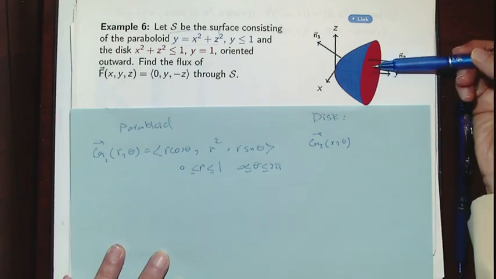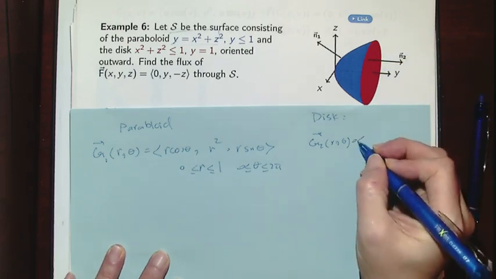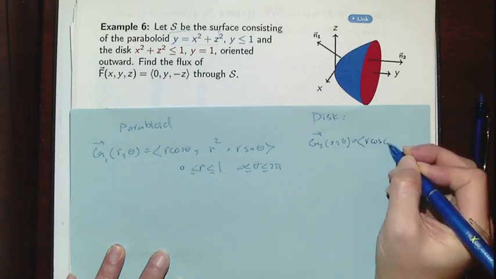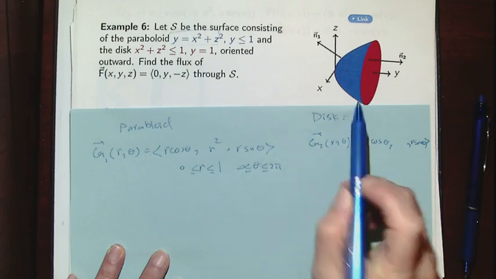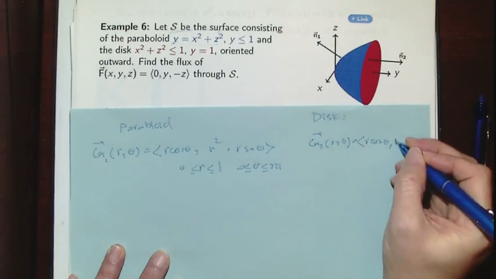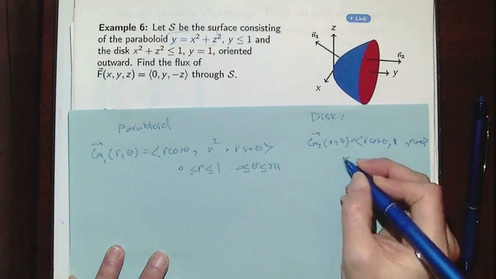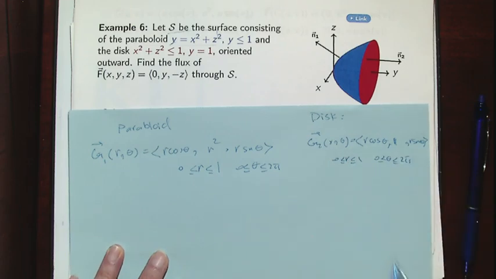Is r always 1? No, it's changing. So r and theta. So I will have r cosine theta, r sine theta, and what is constant here? Y is constant. And again, r between 0 and 1, theta between 0 and 2 pi.